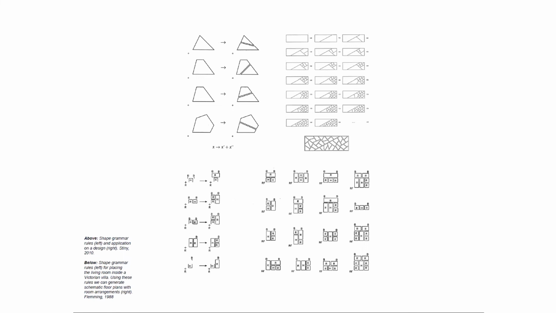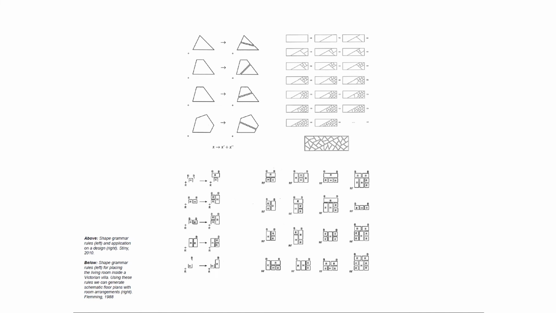Stiny was a designer, and he decided to use this computational system to describe how certain designs are made, and called it shape grammars. But these are basically just formal grammars.